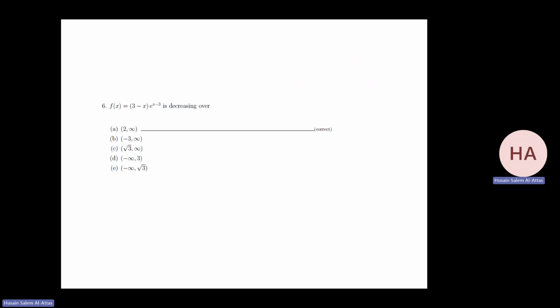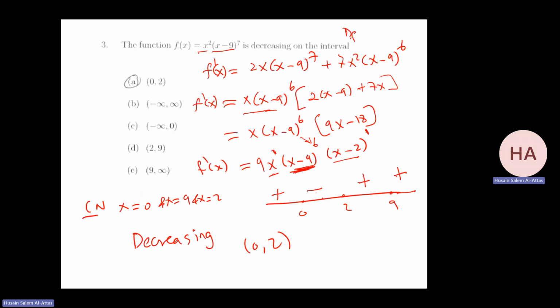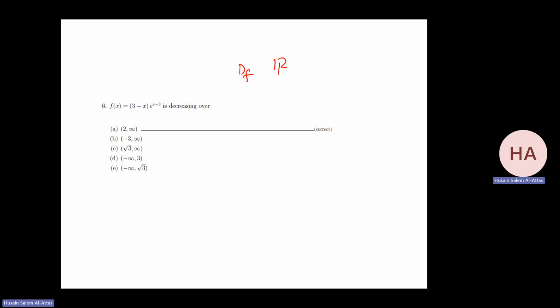Yeah, now we have exponential, so we need to do different functions. The domain of f is all numbers. We have no problem. Here also the domain of f is all numbers. So the function is continuous everywhere. Okay. So I need to find f prime. Be careful with the calculation. This is product rule. I have the derivative of the first, minus e to the power x minus 3, plus (3 minus x) e to the power x minus 3.